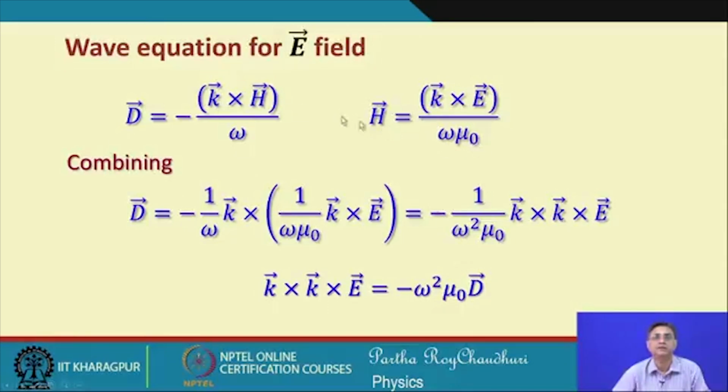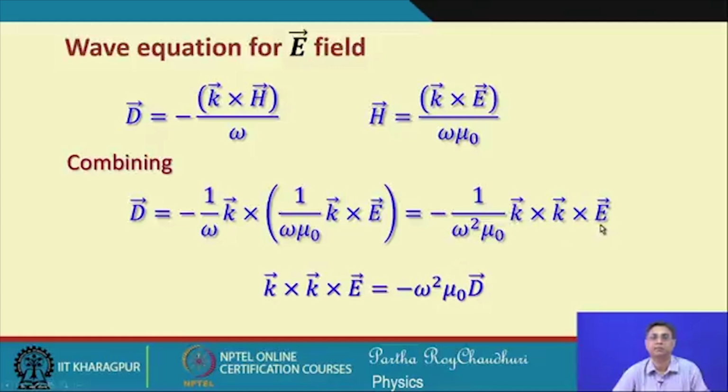So, if I combine these two equations, that is, if I write in place of H this quantity, then we can write D equal to minus 1 by omega k cross, and for H we have brought in this 1 by omega mu naught k cross E. So, you can write this as minus 1 by omega square mu naught k cross k cross E.